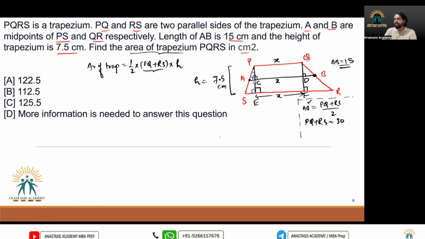This angle is common, so the two triangles are similar, right? It is given that A is the midpoint, right? So the ratio of corresponding sides of these two similar triangles, smaller triangle and larger triangle, would be 1 is to 2, correct? So if this side is y, then this side AC would become 2y, correct?